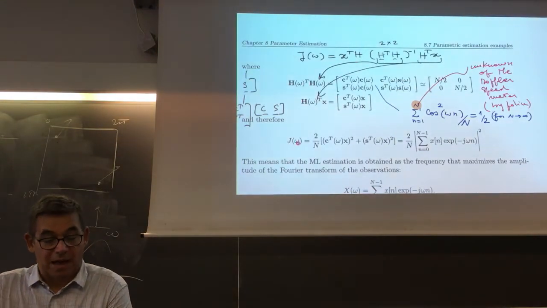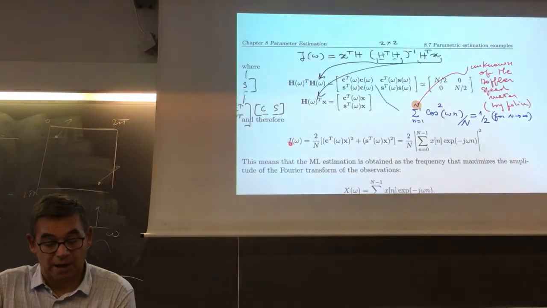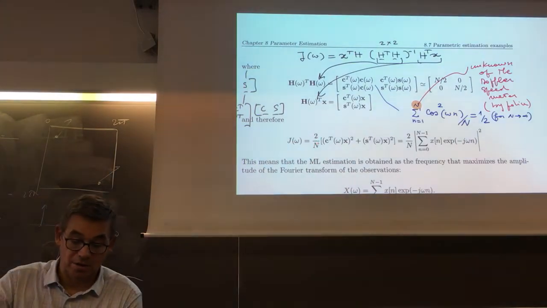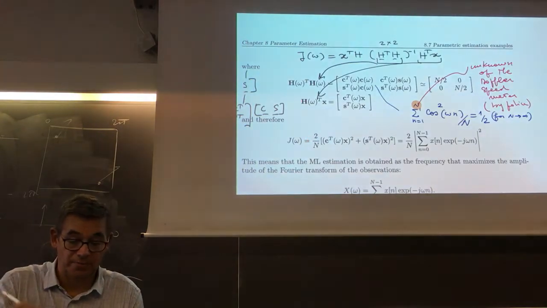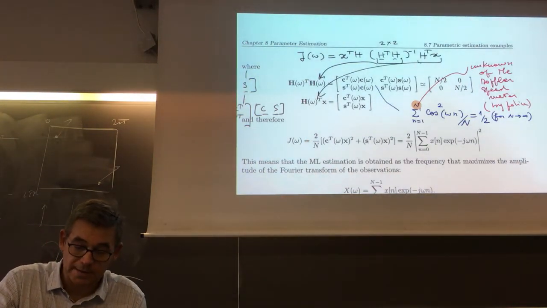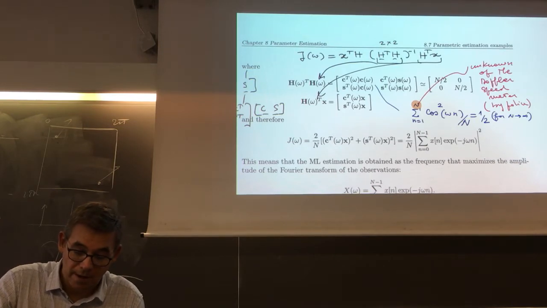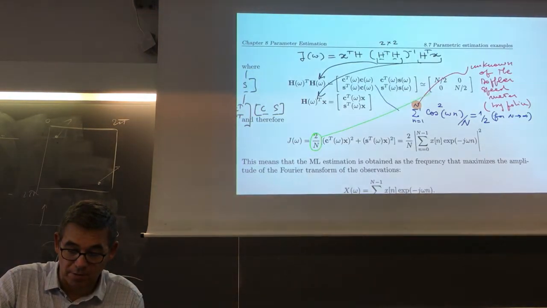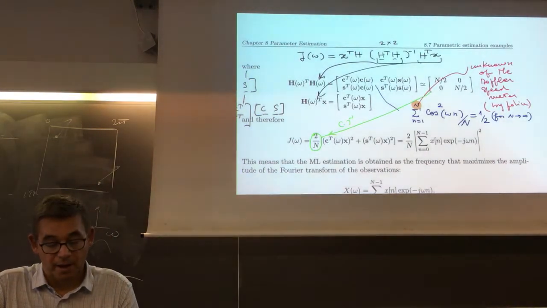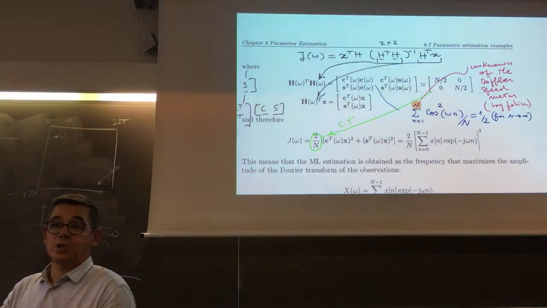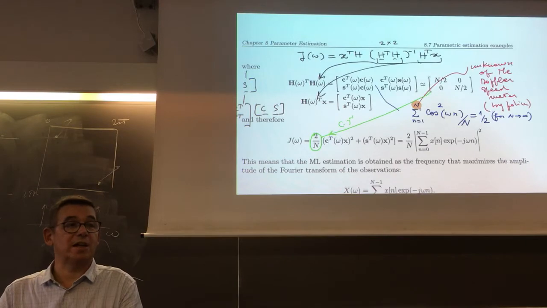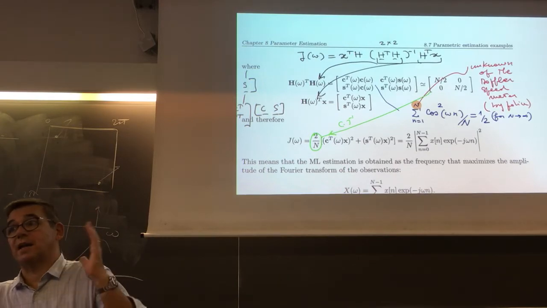So what I get is that my cost function that I need to optimize is 2 divided by N. Remember, this 2 divided by N is the inverse of N divided by 2 times the identity, the diagonal. Then I have cosine transpose x squared plus sine transpose x squared, that is, the sum of x_n cosine squared plus x_n sine squared.